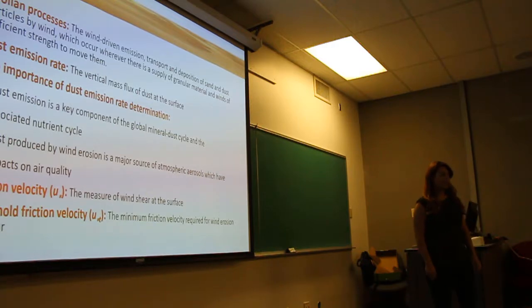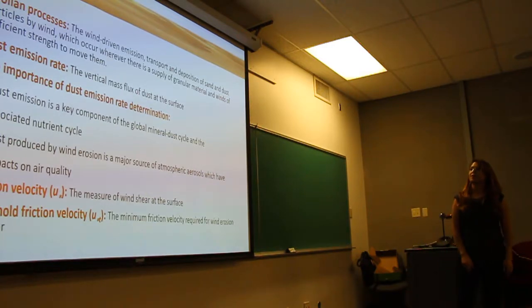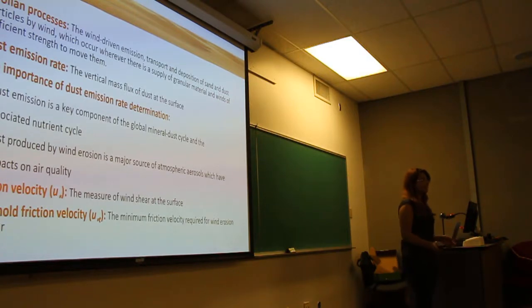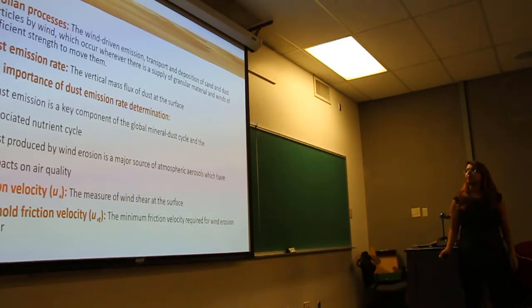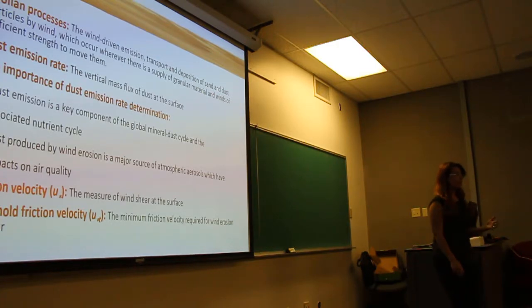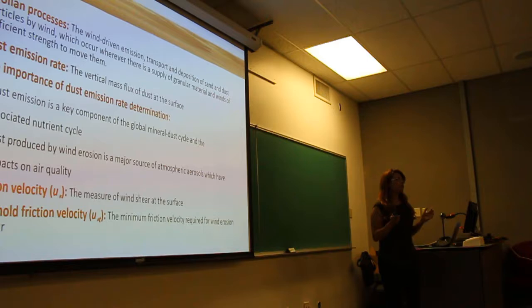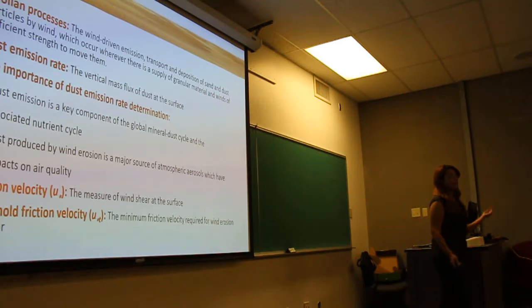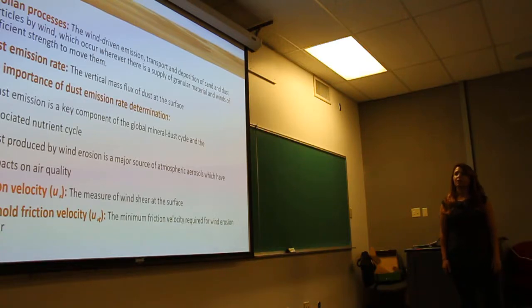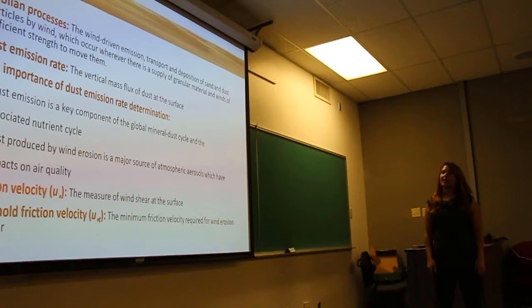What is the aeolian process? The aeolian process is the wind-driven emission, transport, and deposition of sand and dust by wind. For this process, we need a sufficient supply of dust and wind to move it. Then we have dust emission rate, which is the vertical mass flux of dust at the surface.